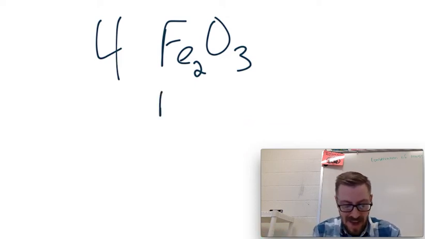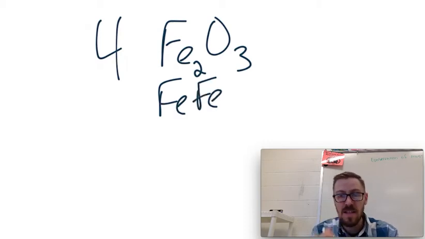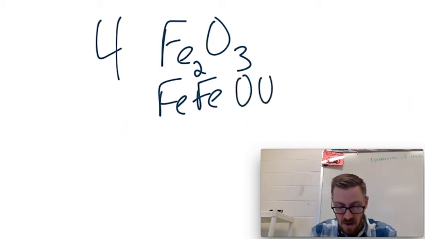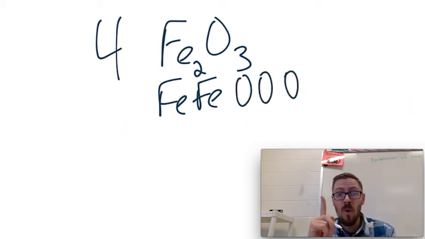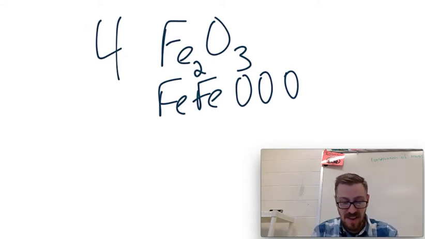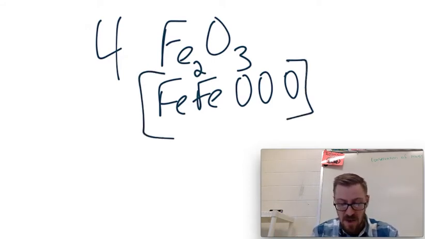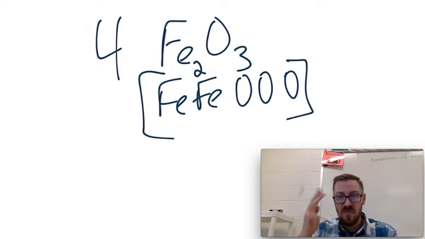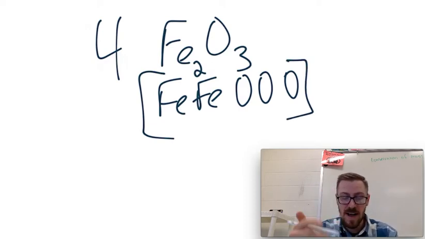So this would be Fe, Fe. Don't get baited by that two-letter element. It's Fe. Iron is the element, not E. So it wouldn't be FeE. It'd be Fe. 2 irons. And then O, O, O. That's what one Fe2O3 would look like. But I need 4 of them. So I just need to copy and paste this whole thing 3 more times to get 4 total copies.